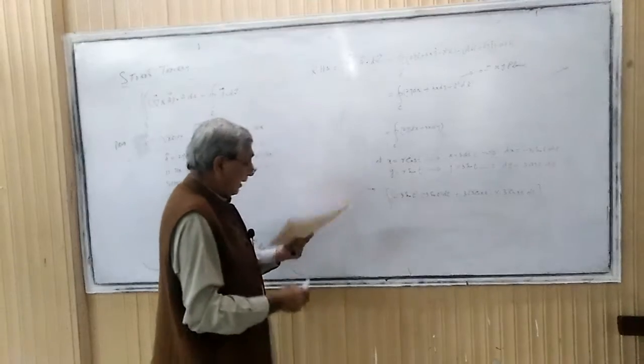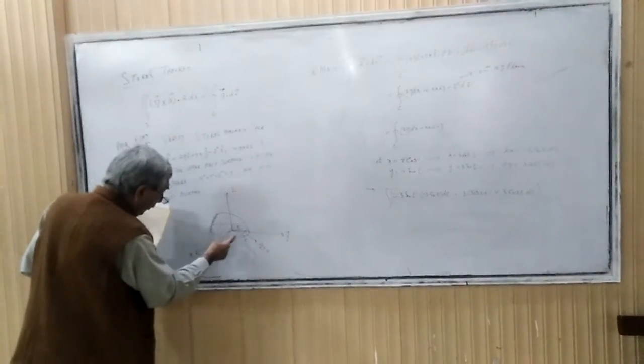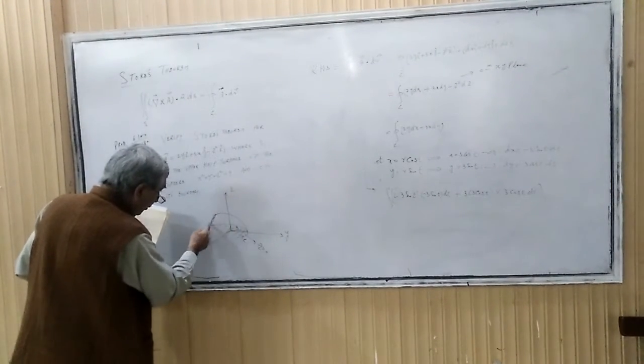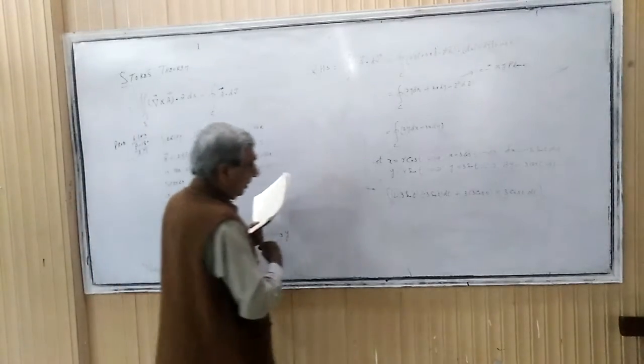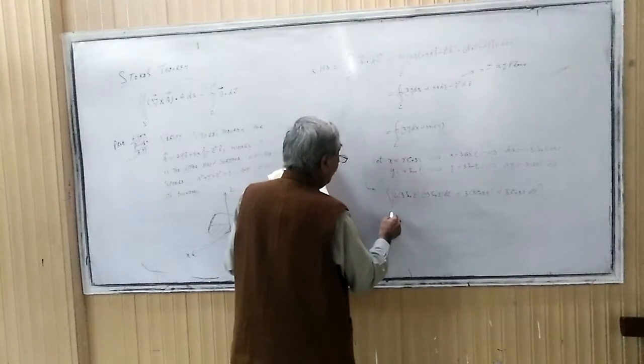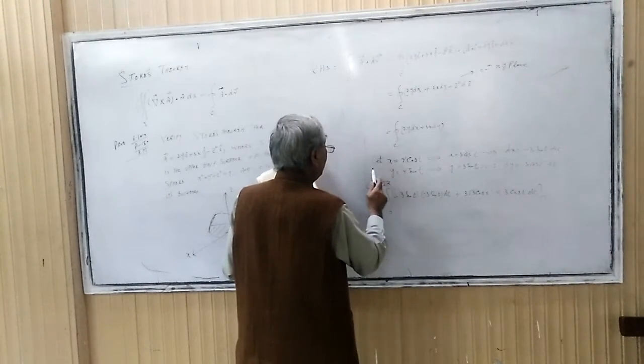Now, what about the limit? Since you are moving around this circular path, your limit is 0 to 2 pi, that is the full circle.